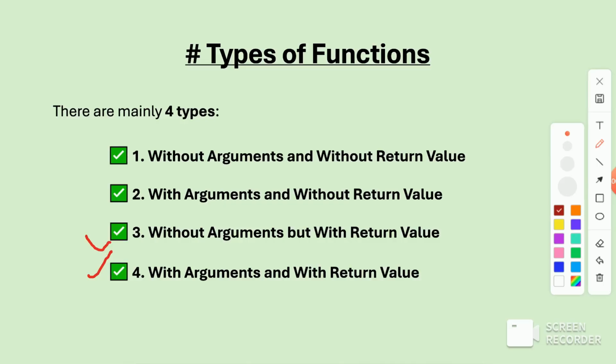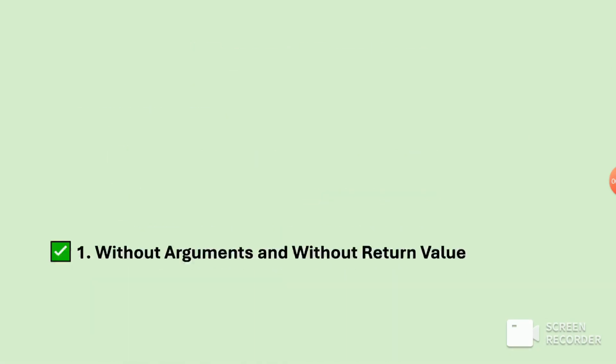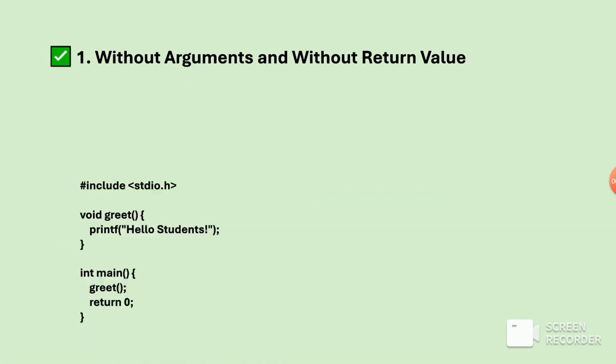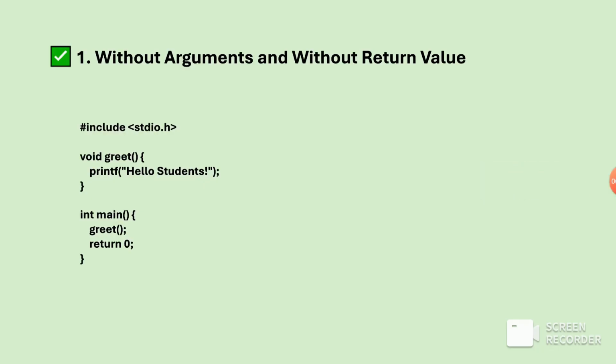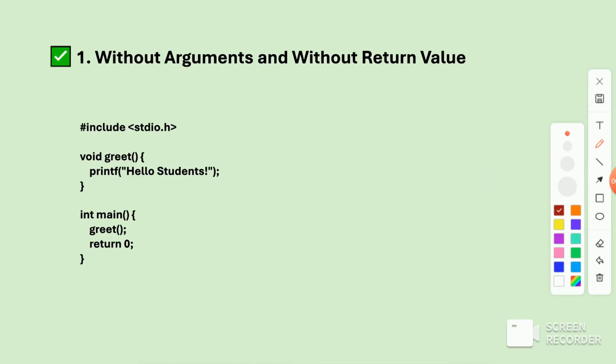These are the four types of functions in C programming, and we will check them one by one.